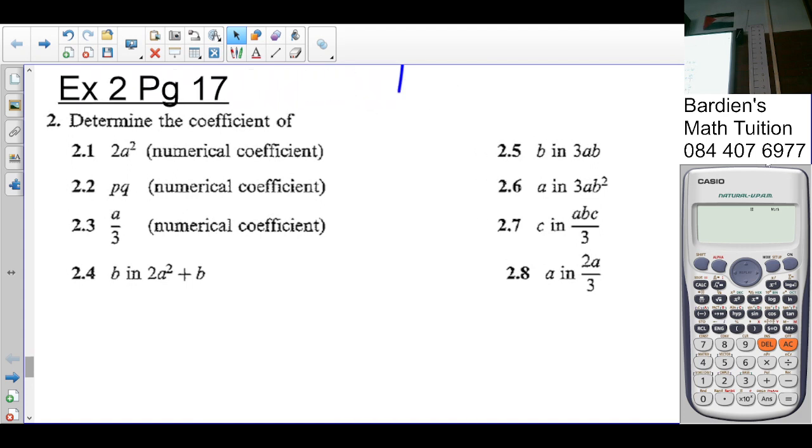Number 2, 2.1. The question says determine the numerical coefficient of 2a squared, which is 2. 2.2? 2.3. Who said 3? I heard somebody. Who said 1?